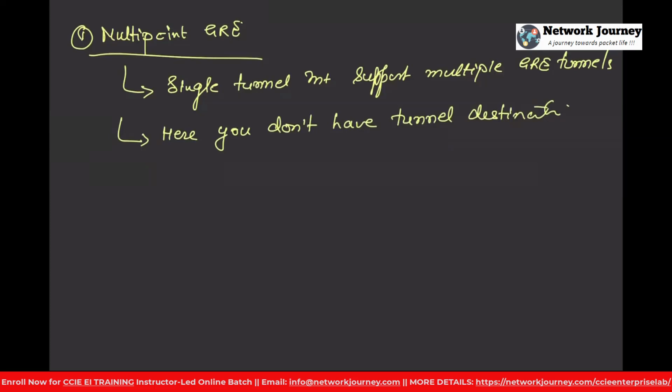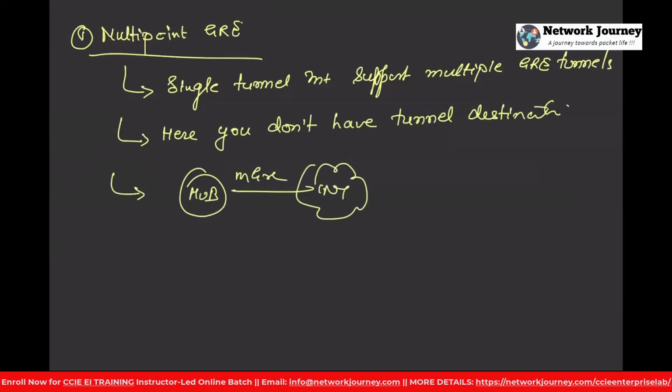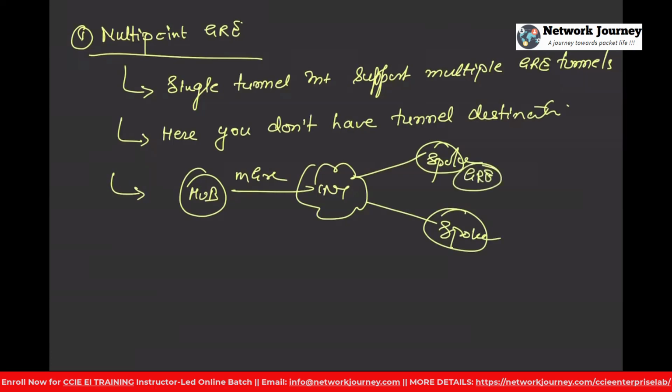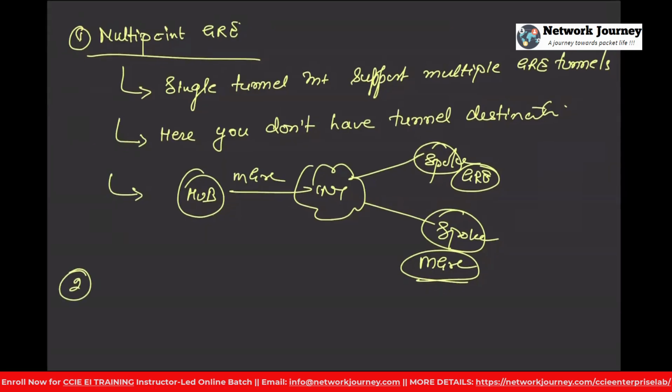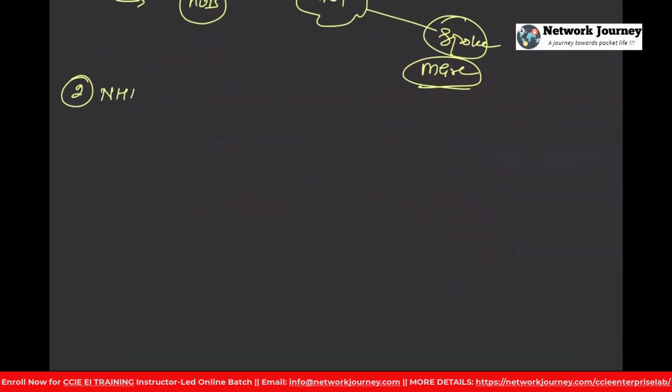This side is, for example, your hub router where you are doing MGRE, which is connected to the internet. The other side is connected to your spoke. Those sites can run directly GRE, or else you can run multipoint GRE, whatever you like. So this is the first component. After that, the second component comes, which is known as NHRP, which stands for Next Hop Resolution Protocol.